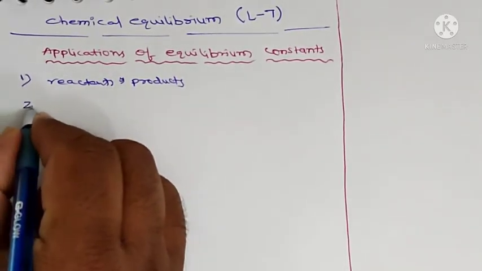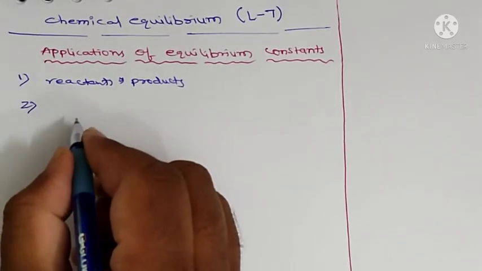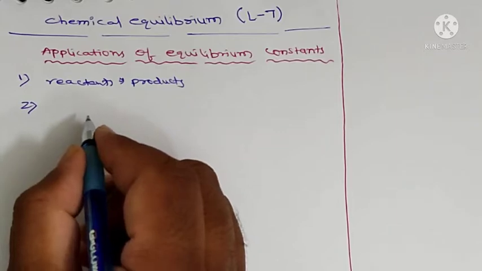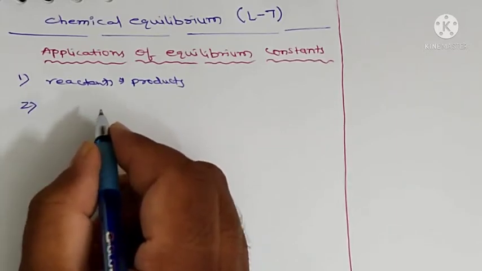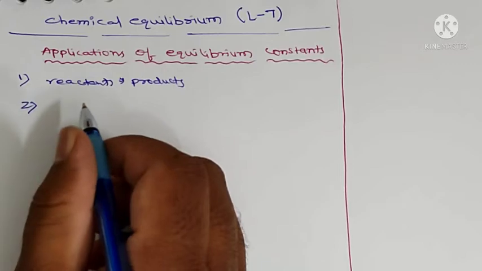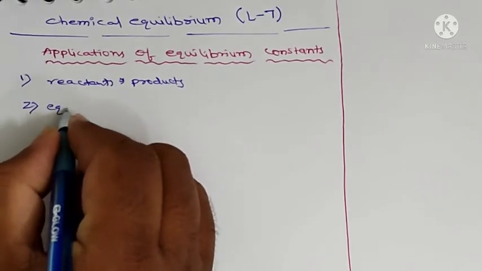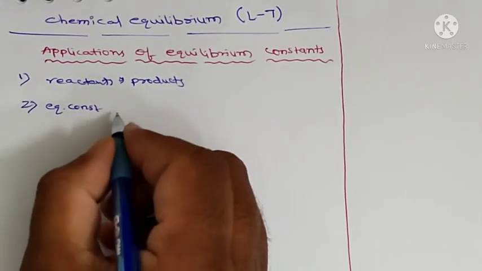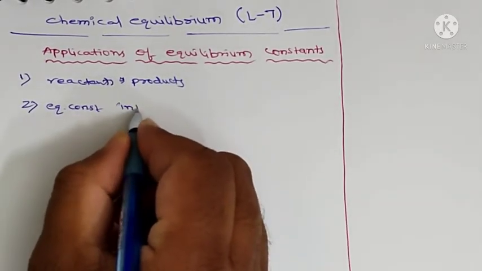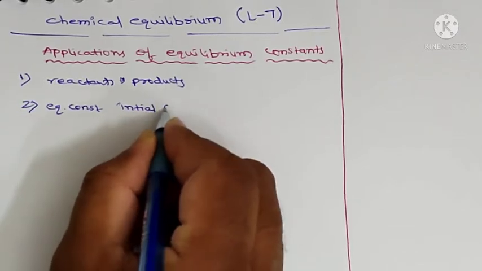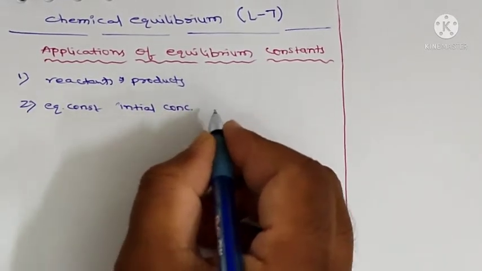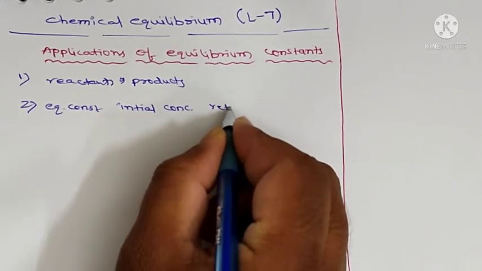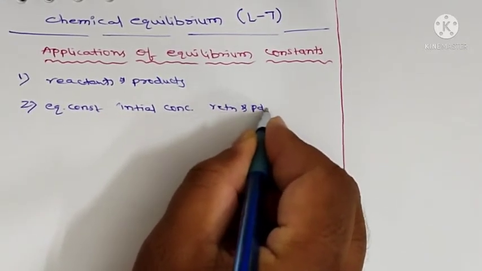And number 2, the equilibrium constant value is independent of the initial concentrations of reactants and products.